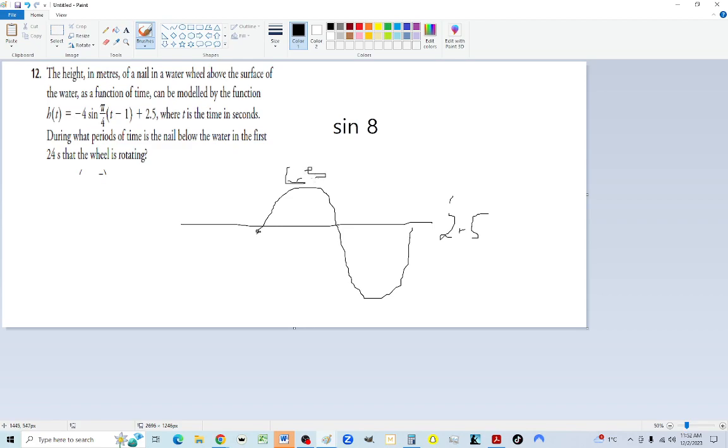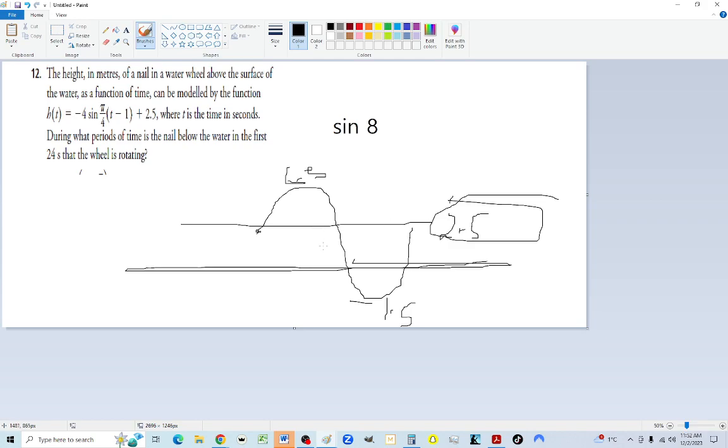And then it goes 4 down, which is negative 1.5. Which means that the height of the water should be at 0, somewhere around there, because 2.5 is not the water; it's the middle of the axis of the wheel. So this portion here, right down here, would be below water, but they flip it.